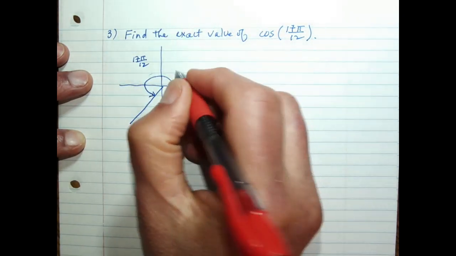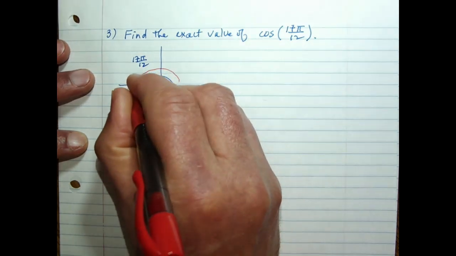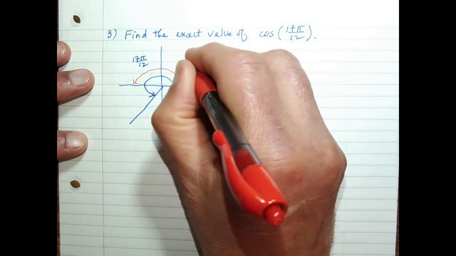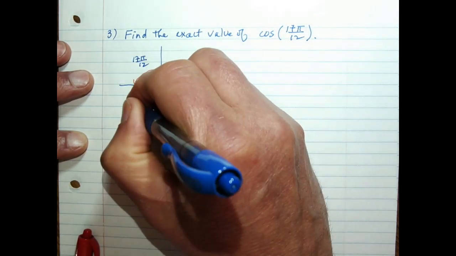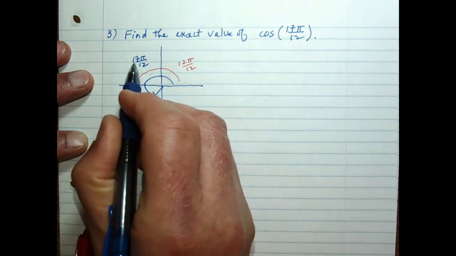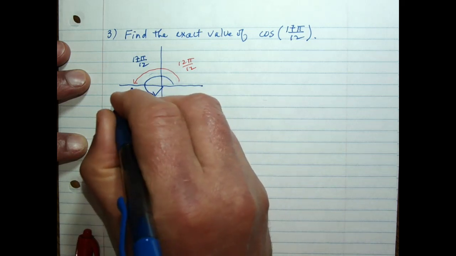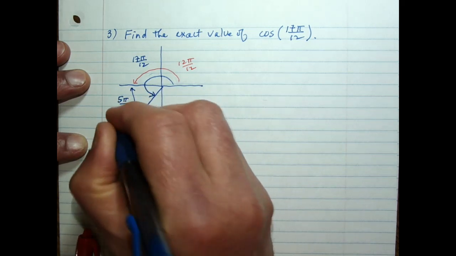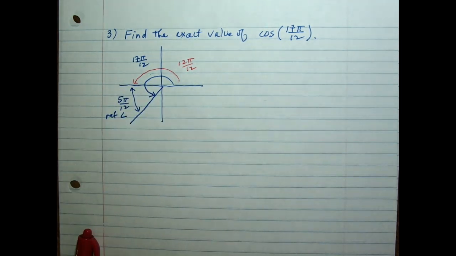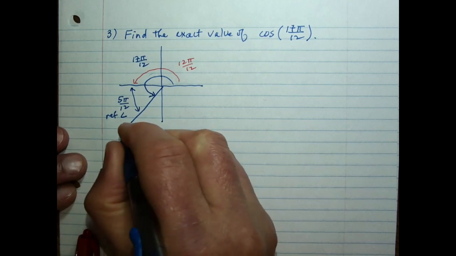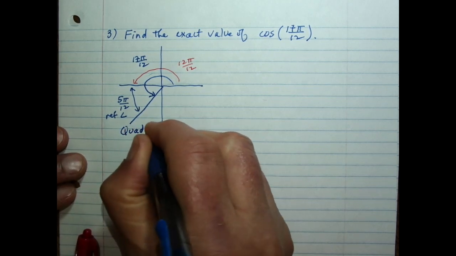And because we know that this much is 12 pi over 12, our reference angle has to be 17 minus 12, or 5 pi over 12. We also know our terminal side is in quadrant 3.